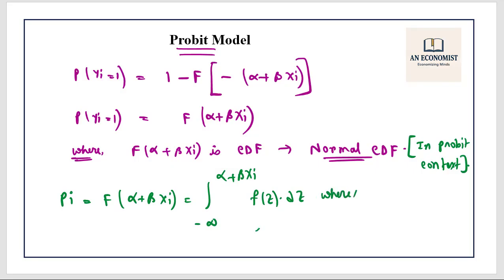What is this f(z)? 1 upon sigma root 2 pi e to the power minus zi squared upon 2, right? So I hope everyone knows this. I hope you know what is normal distribution and standard normal distribution. If you know this, you can get this, right? So zi is basically a standard normal variable.